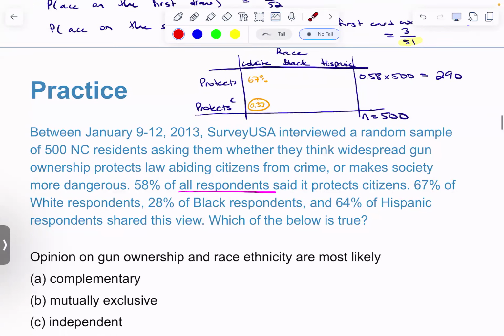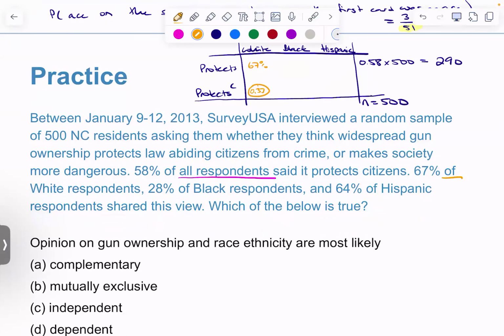So it's of white respondents. And maybe I should rewrite this as 33%, making 100% for those percentages.